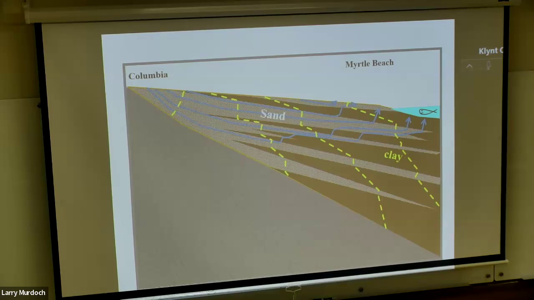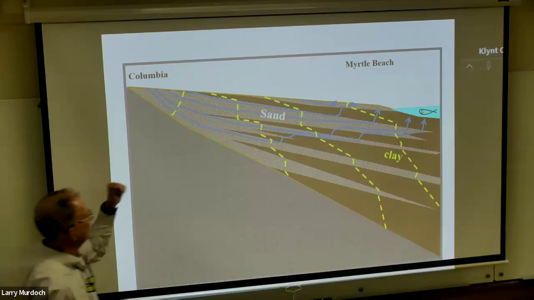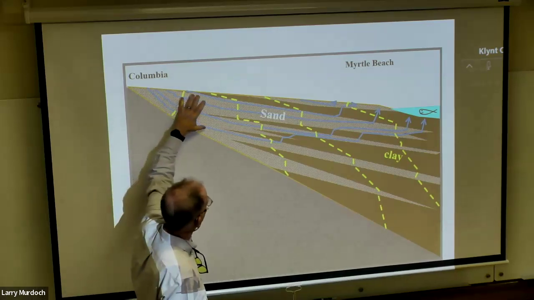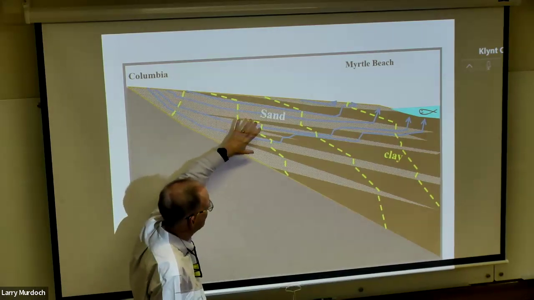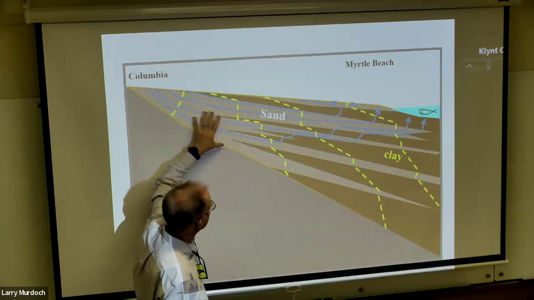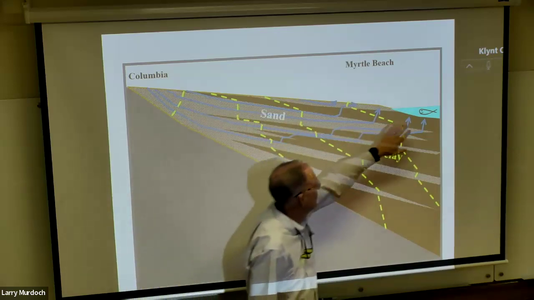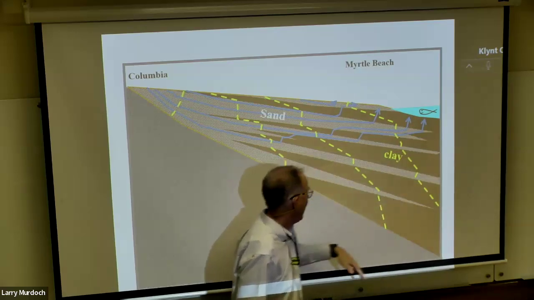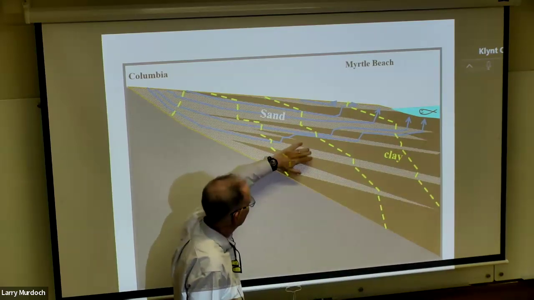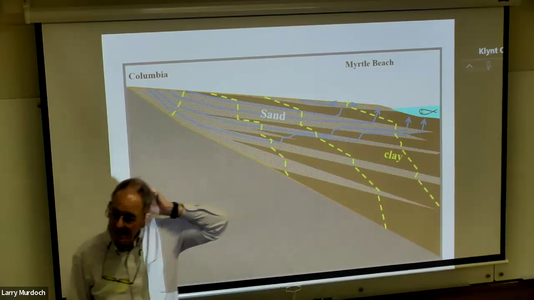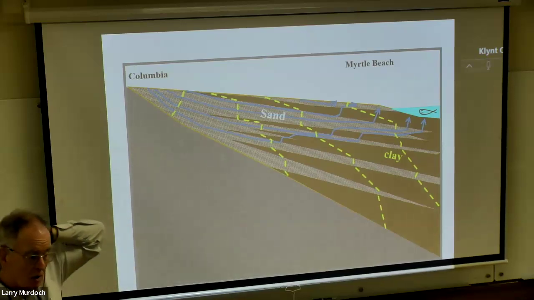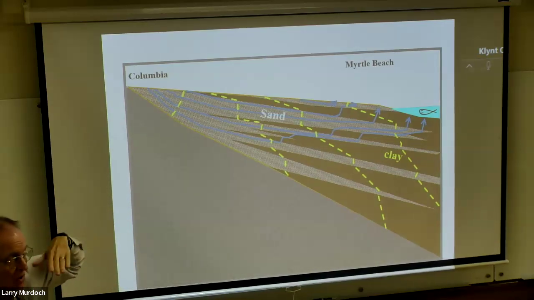Are any of these aquifers brackish or saline? Yeah, so that's a good question. So the water quality here changes. And this is salt water. And these aquifers were deposited in salt water or near salt water.